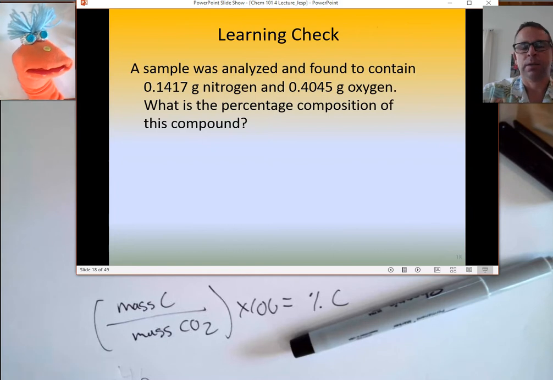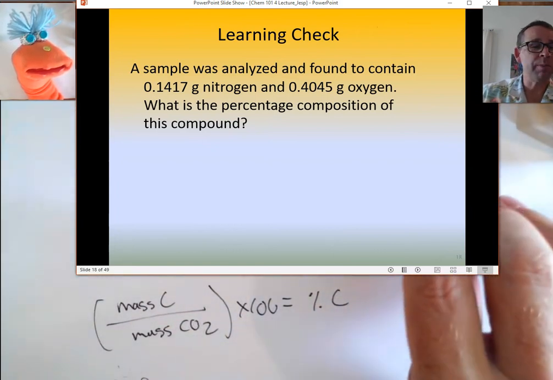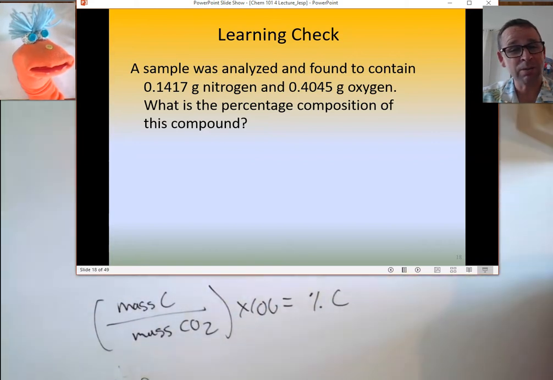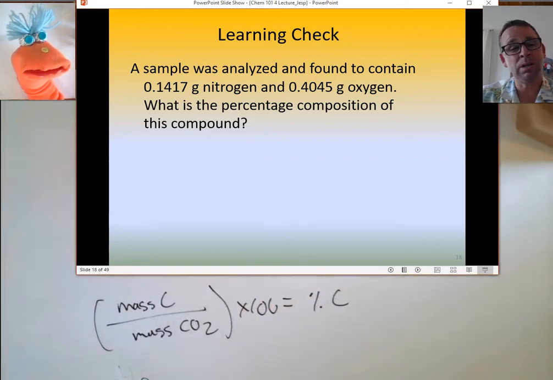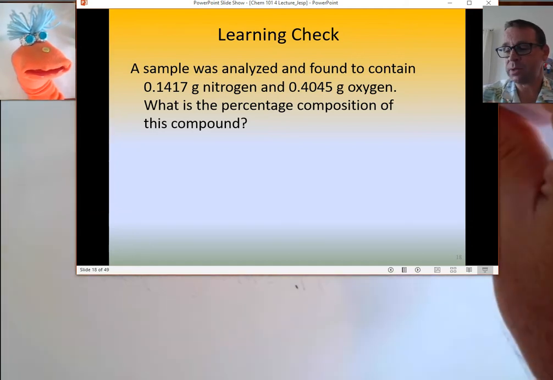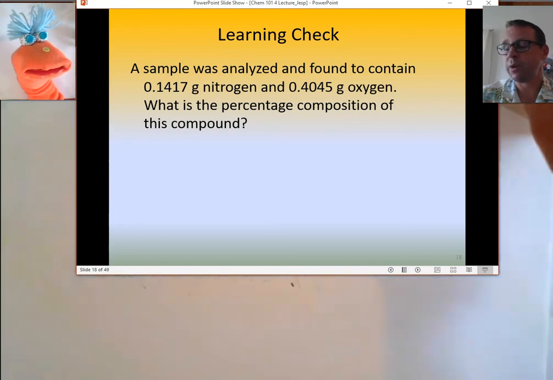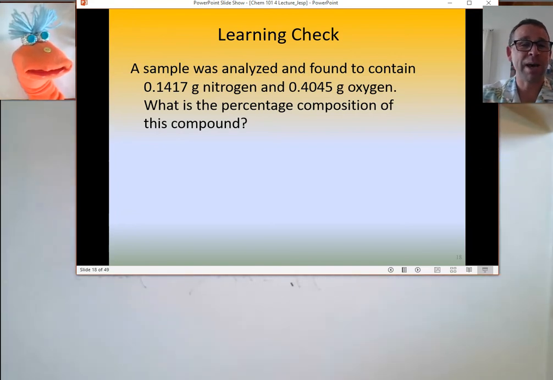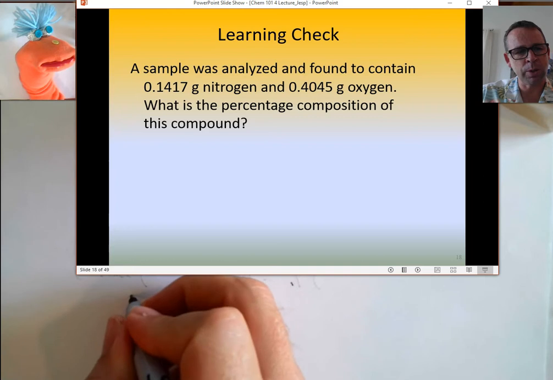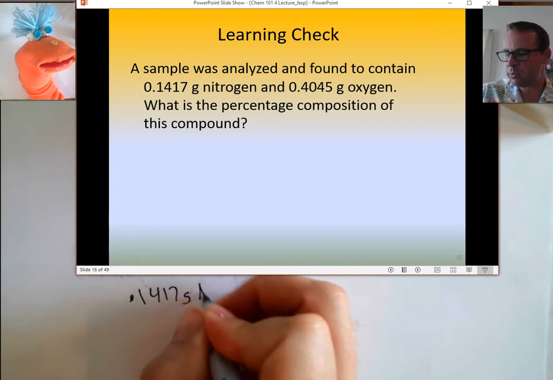Okay. Got it. We also can be given information about the mass of 2 different components in a compound. So maybe not necessarily the chemical formula, but just the mass of the two different components. And from that, we can add those together to get the mass of the whole. So if I want to know the percent nitrogen here, what would I do? Well, you got the grams of nitrogen right there. They gave it to you. Yep, I got 0.1417 grams of nitrogen.